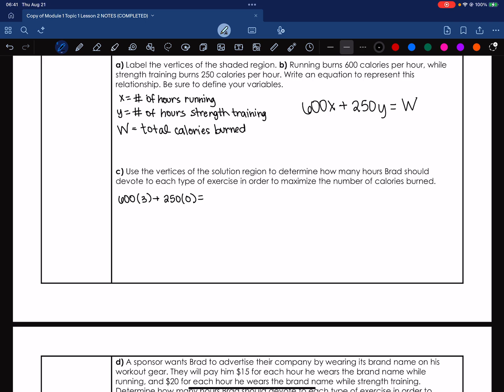You should get 1,800. And if you need to pause so you can use the calculator, please do that. Then we had 600 times 3 plus 250 times 1.5. Plug that into your calculator. You should get 2,175.